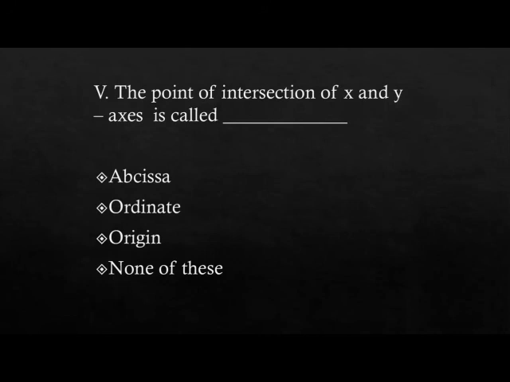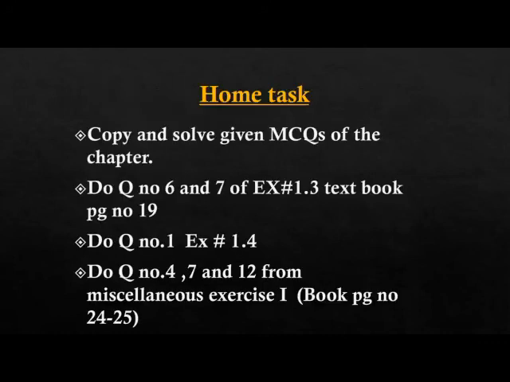You are already aware that the x-axis and y-axis are the axes of the Cartesian plane, and they intersect at a point O. So you are already aware of what can come in this blank. You have to copy these blanks down in your fair copy and solve them as well.